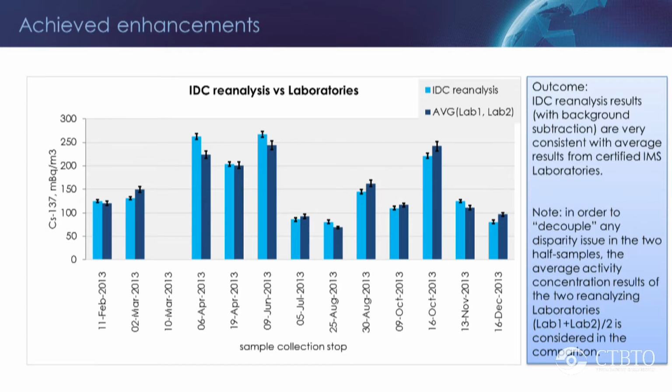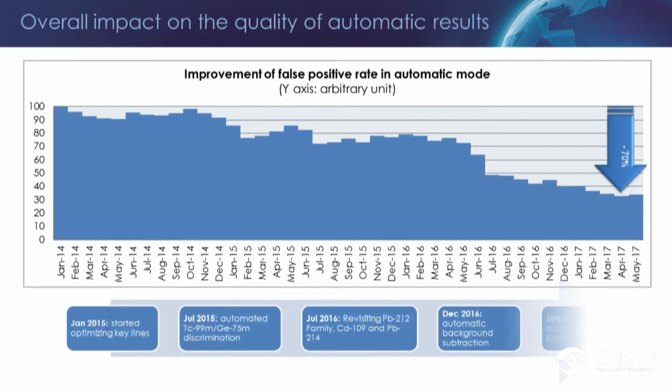Here we compared to the average of the 2 laboratories in order to decouple some extra issues. And the results are perfect compared to the situation before, where up to 40% discrepancies had been reported before starting to do this in automatic mode.